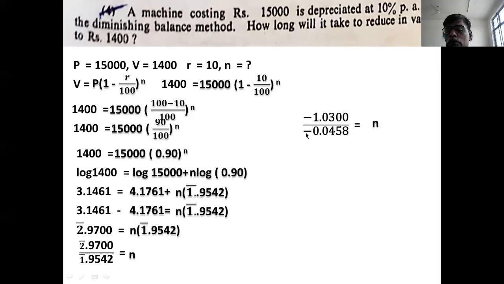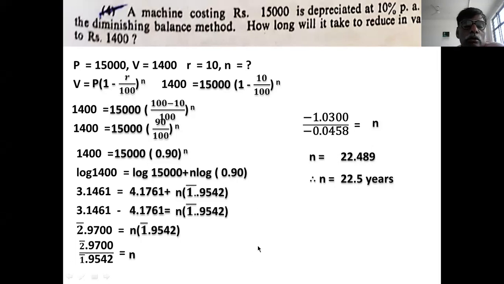Minus gets cancelled, and you divide 1.03 by 0.0458. If you divide it, your answer is n is equal to 22.48, and nearly it is 22.5 years. This is the answer relating to question number 4.